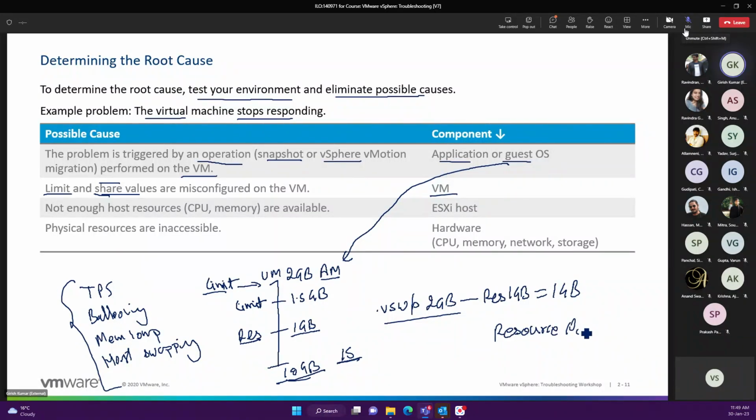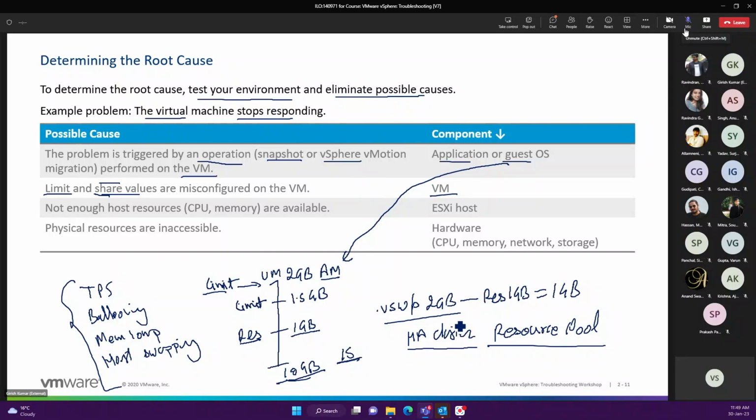What is a resource pool, guys? In a vSphere HA cluster, how many resource pools can we create at maximum? A tricky question sometimes asked in interviews.